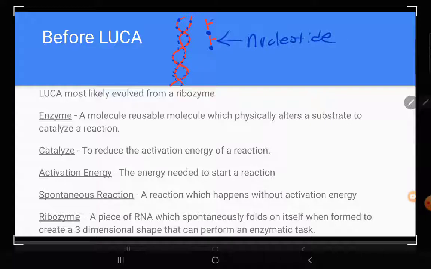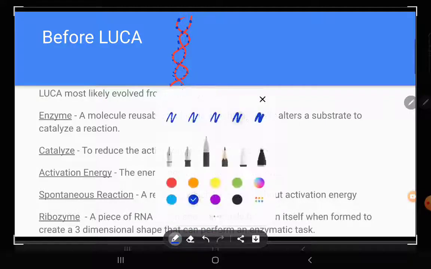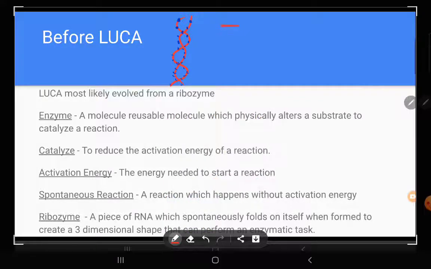And then you see these little sticky things here, right? So let's look at that. On each of those nucleotides, we have what are called nitrogen bases. Those nitrogen bases can be A for adenine, C for cytosine, G for guanine, and T for thymine.